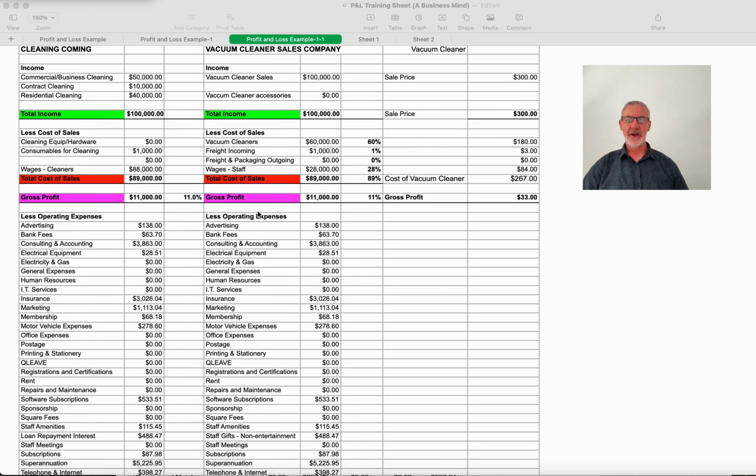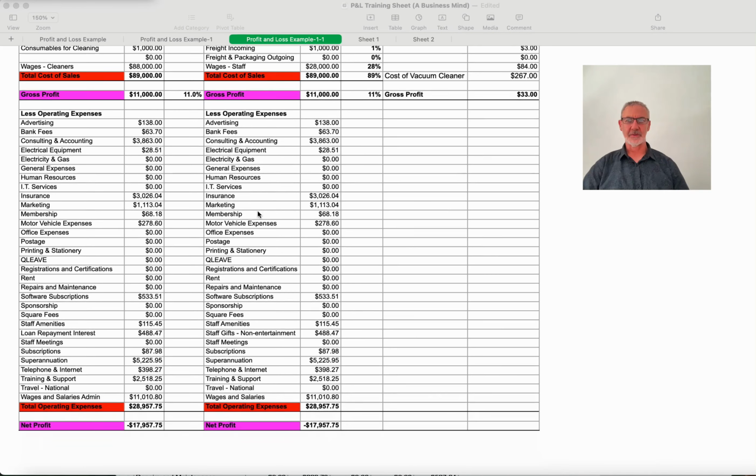The second part of profit and loss has to deal with the net profit. So it's how much you make overall. It's split into two: the gross profit and the net profit. But the net profit is your actual position overall.